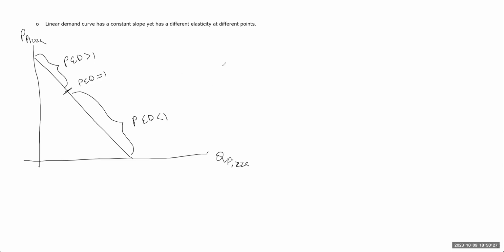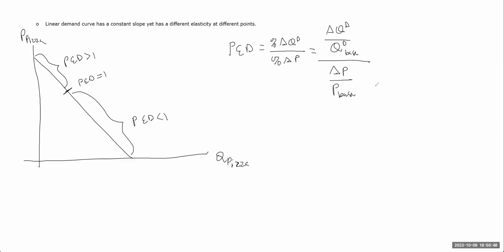Why is that? Well, let's think about this formula. Price elasticity of demand is the percent change in quantity demanded over percent change in price. This is equal to change in quantity demanded over quantity demanded base, over change in price over P base. I'm going to flip this guy, put it up there.